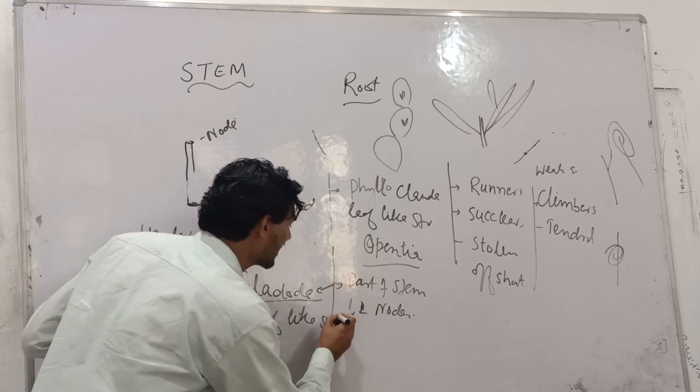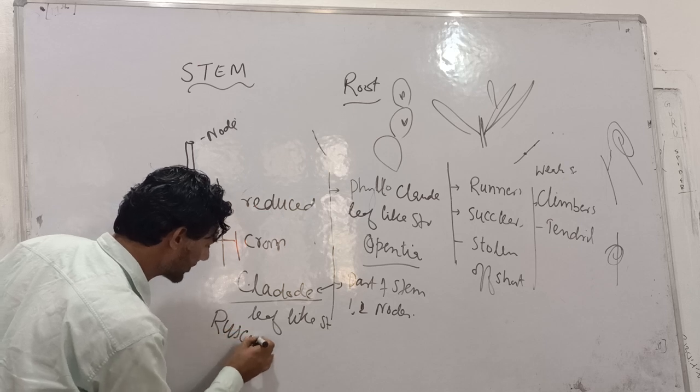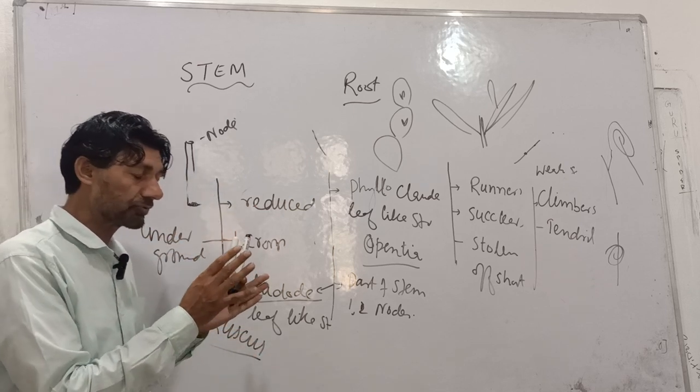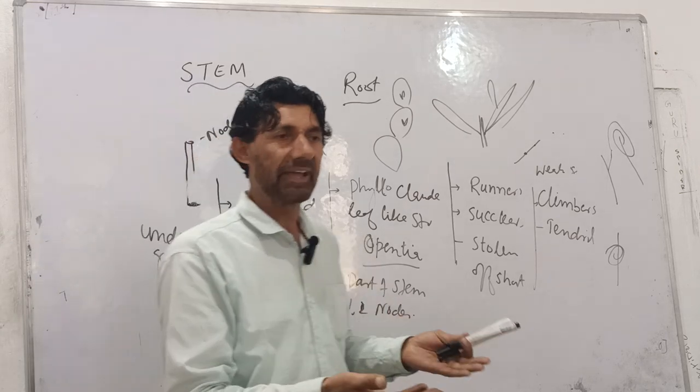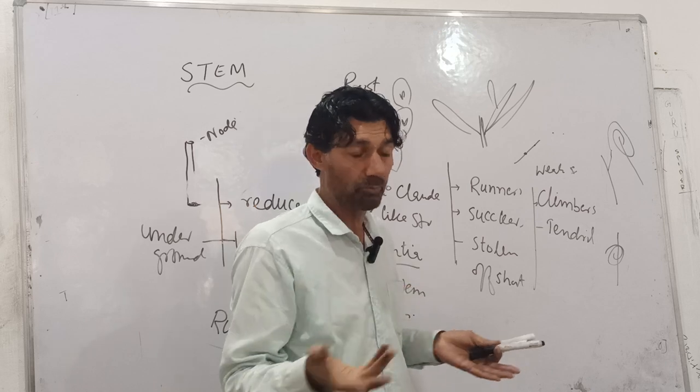An example is Ruscus. In this plant, part of the stem is modified into a leaf-like structure in order to perform photosynthesis.